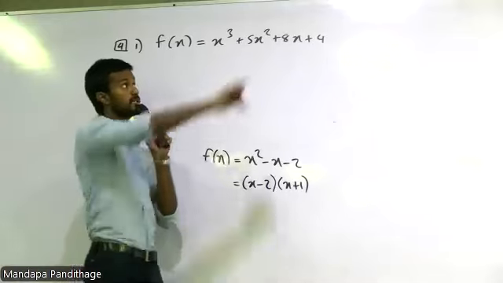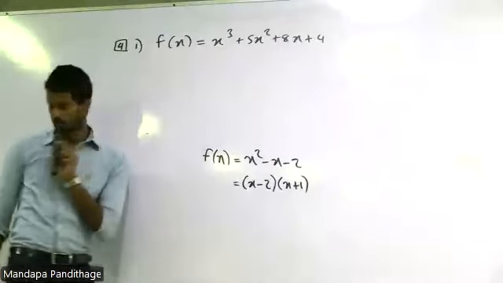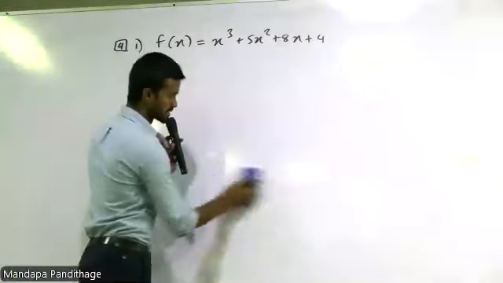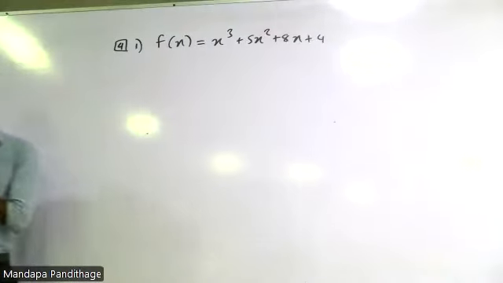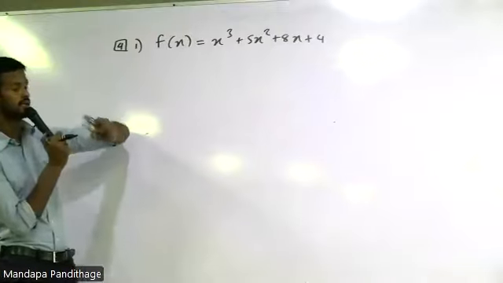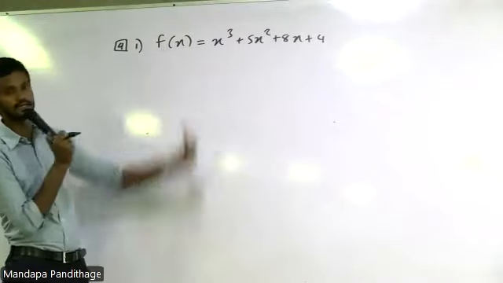But when it comes to an expression with a degree greater than 2, here the degree is 3. You can't just directly factorize it.